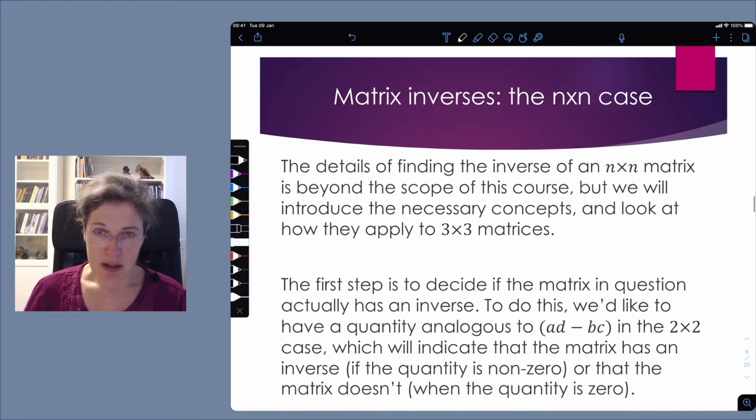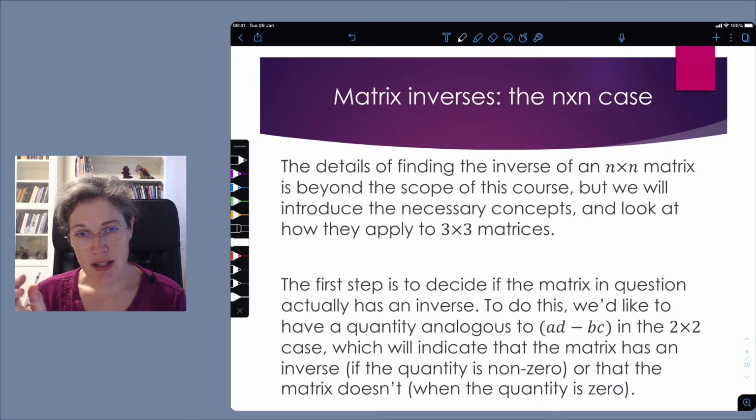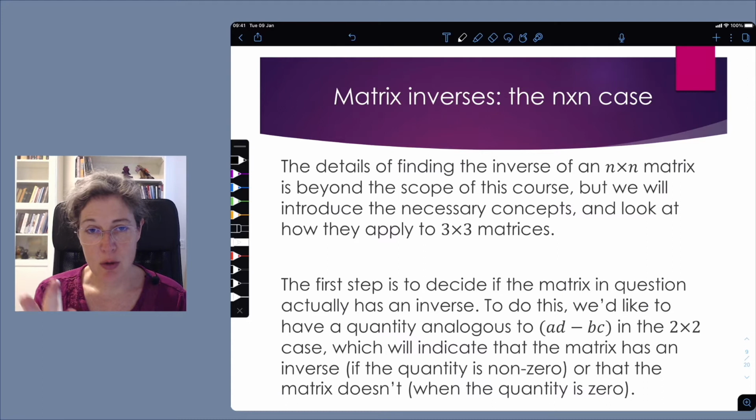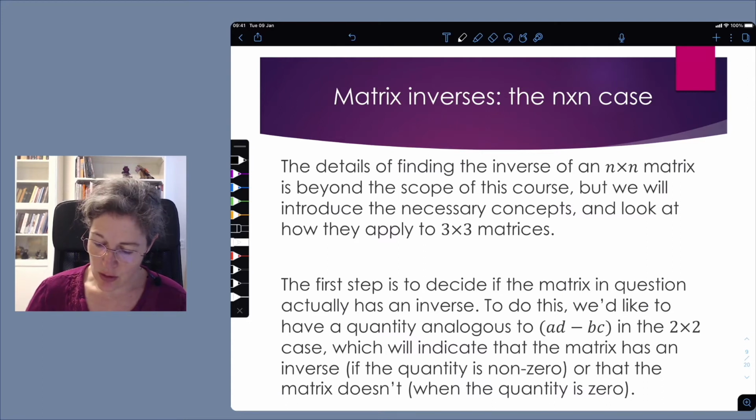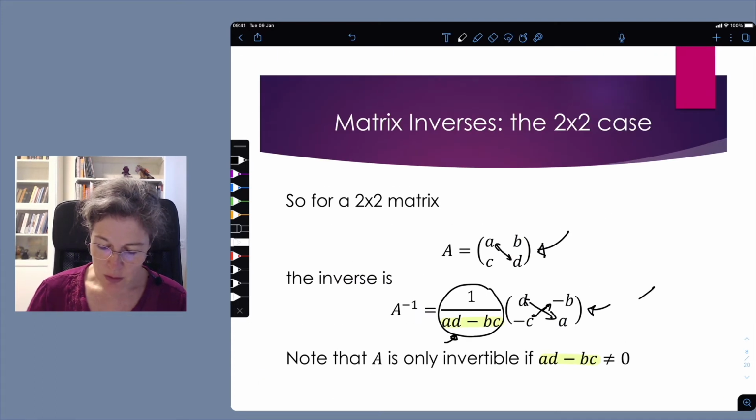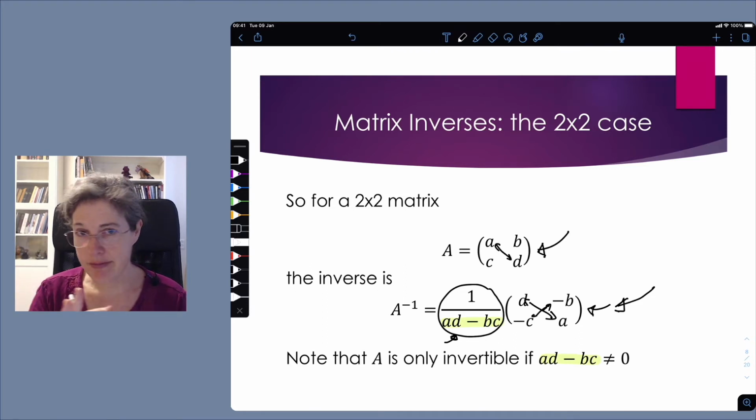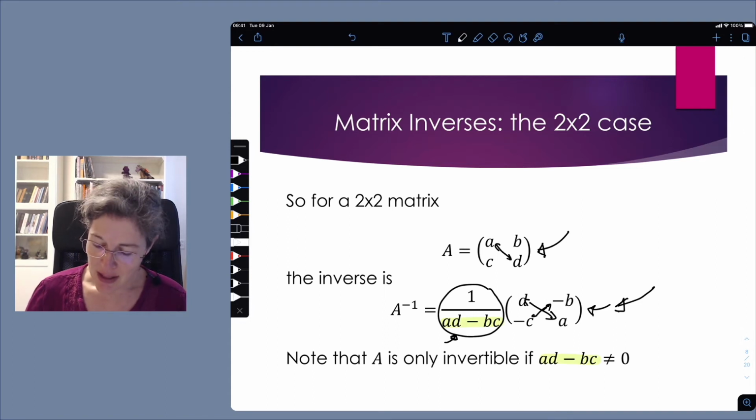Okay, so we've looked at the 2 by 2 case. So I do expect that if I hand you a 2 by 2 matrix, you can find its inverse, and you can just go straight ahead and use this form over here. You don't have to do anything complicated, just plug in the numbers. I mean, first check that it has an inverse, obviously.